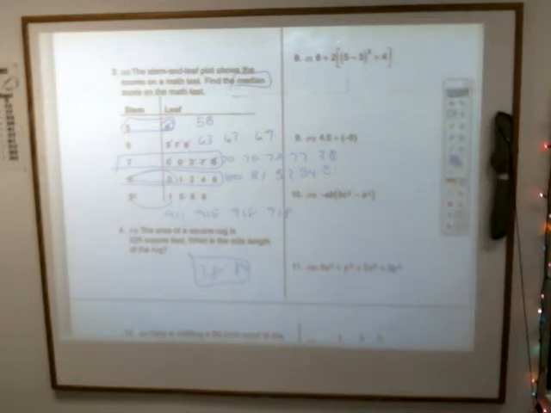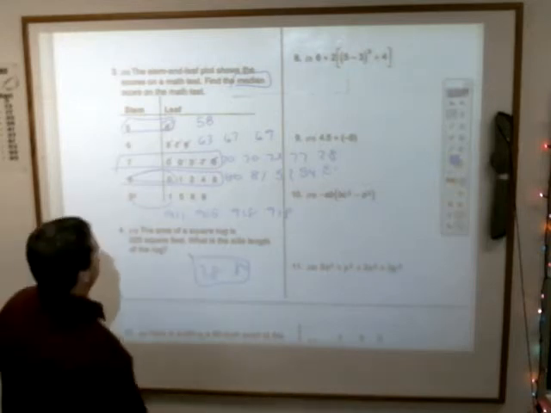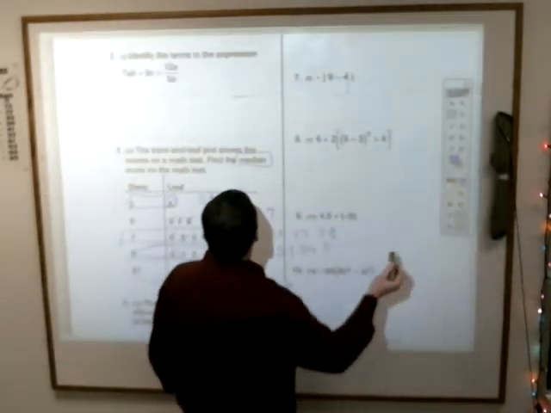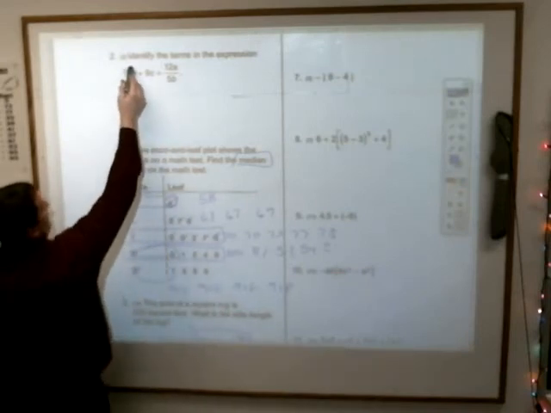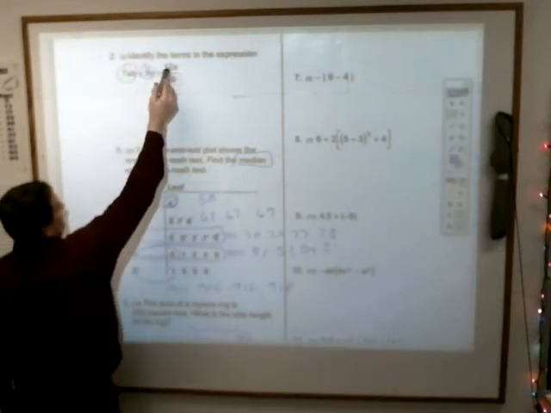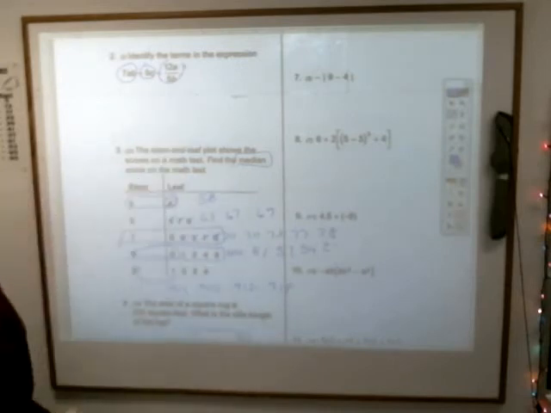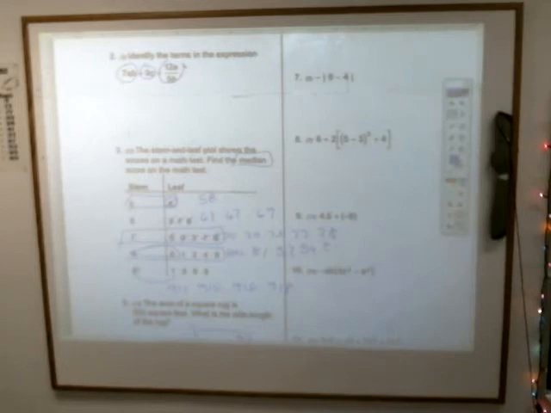What was the answer to the... Oh, number 2. Don't get number 2 wrong on the test, because all it says is the terms. Addition and subtraction signs separate the terms, so it's just that. 7AB is a term, 9C is a term, and 12A over 5B is a term. Are they all pluses?